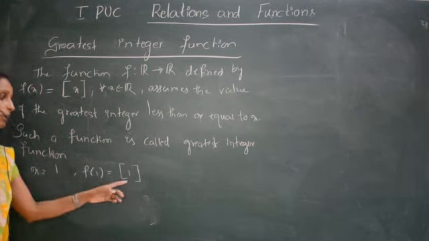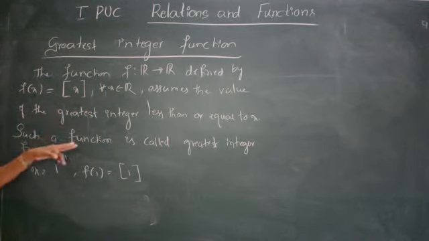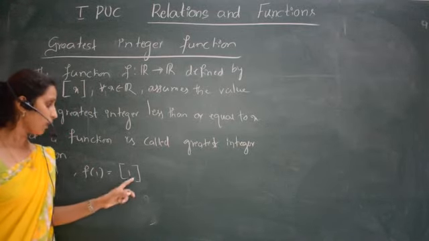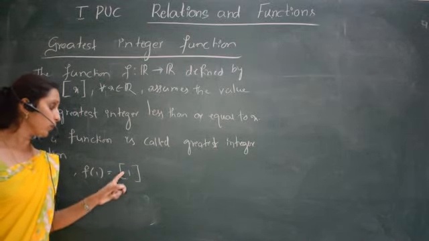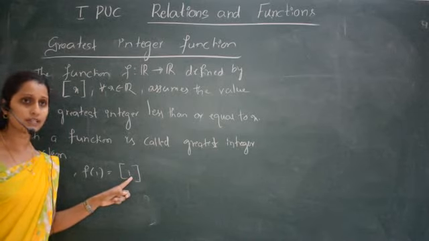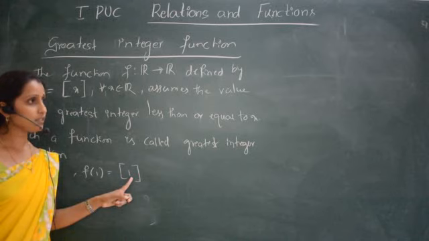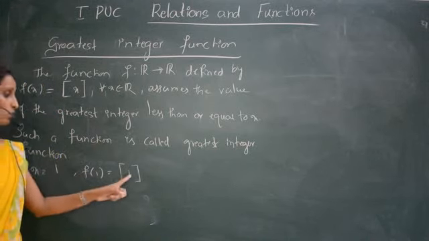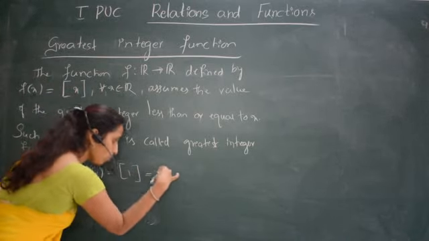The value will be the greatest integer either equal to x or less than x. Now 1 is an integer, so equal to x is possible. So this will be 1.